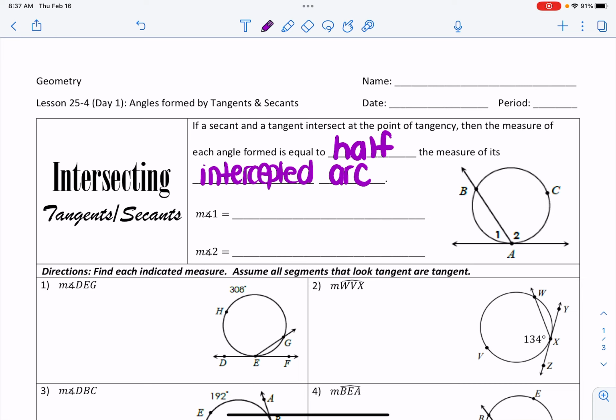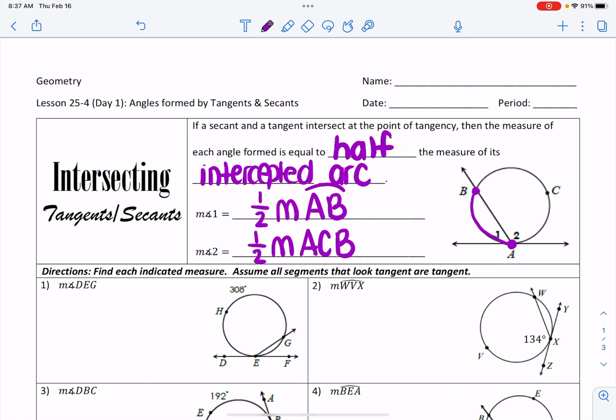In other words, if we were looking at the picture over here, if I was looking at the measurement of angle 1, that intercepted arc would start from A and go to B, and what I would do is basically take 1/2 of the measure of AB. Similarly, for the measurement of angle 2, you can take 1/2 of the measurement of that other arc, ACB.